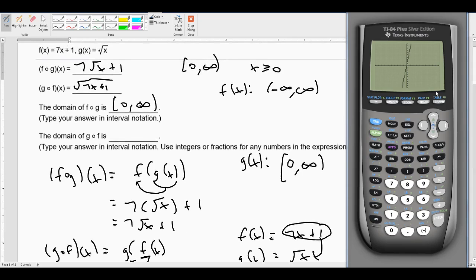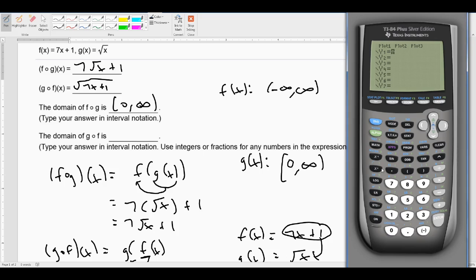This one's going to be a little more complicated to do in the calculator. I'm just going to erase this a little bit. We're looking at the domain of the square root of 7x plus 1. So second square root 7x plus 1, with all that under the square root, and graph.